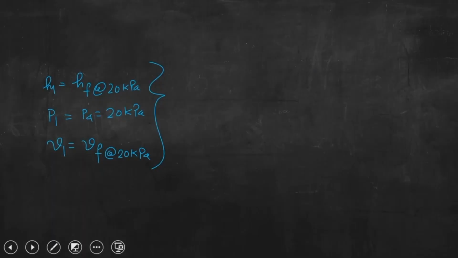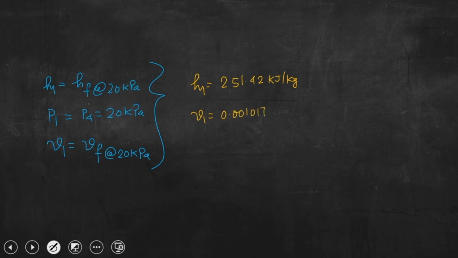So, I am writing directly: H1 will be equal to 251.42 kilojoule per kg, and V1 is equal to 0.001017 meter cube per kg. So, that is what we have calculated.